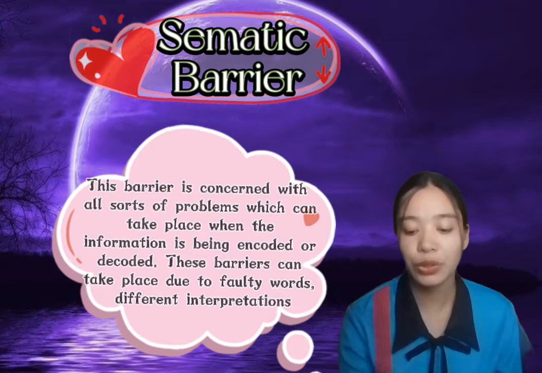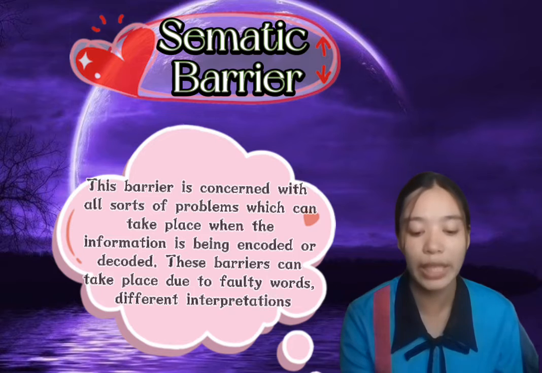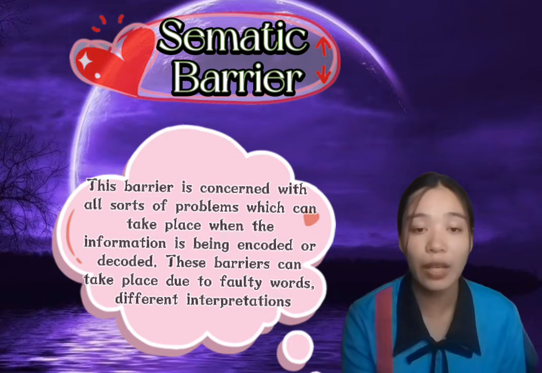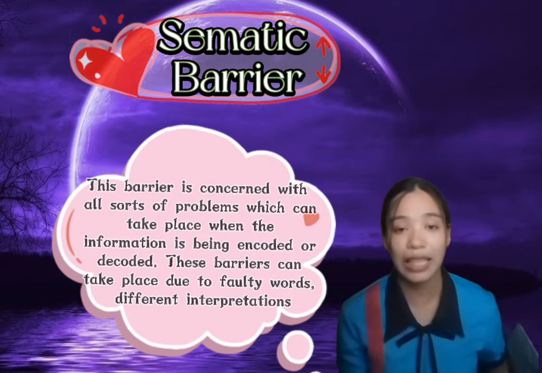These barriers are concerned with all sorts of problems which can take place when the information is being encoded or decoded. They can take place due to faulty words, different interpretations or translations.